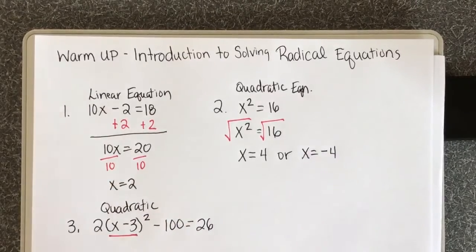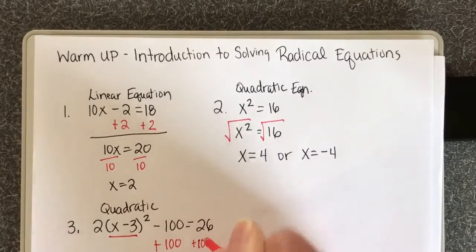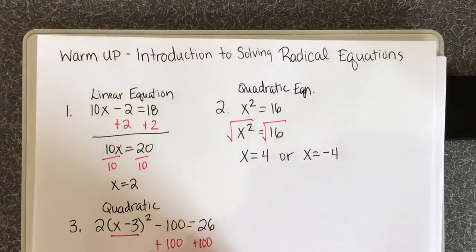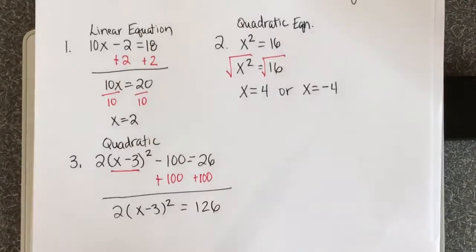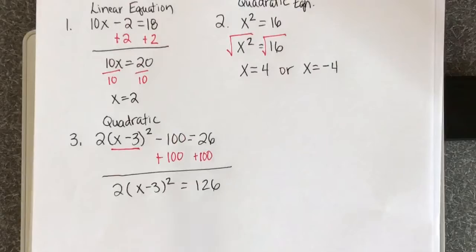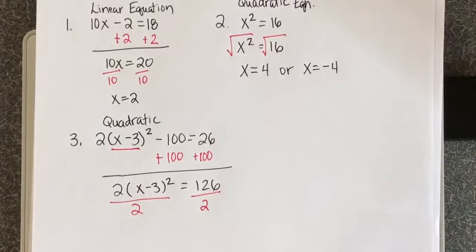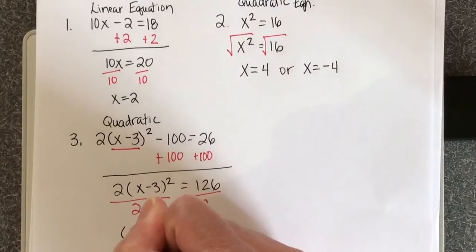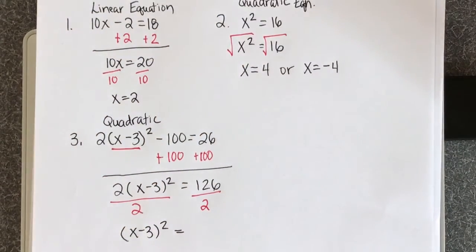So to start with, we're going to add the 100 to both sides. We have 2 parentheses x minus 3 quantity squared is equal to 126. Okay, so then next you want to divide both sides by 2. Again, isolating the factor. So when I do that, I have x minus 3 quantity squared is equal to, so half of 126 is 63.